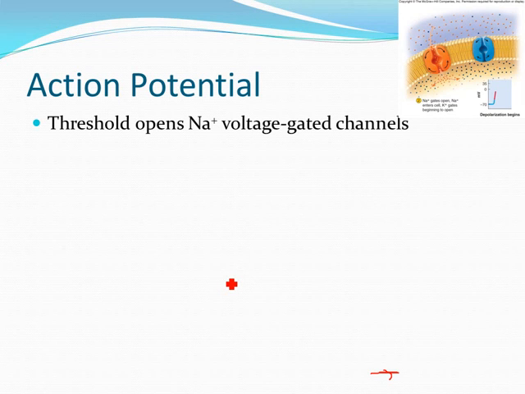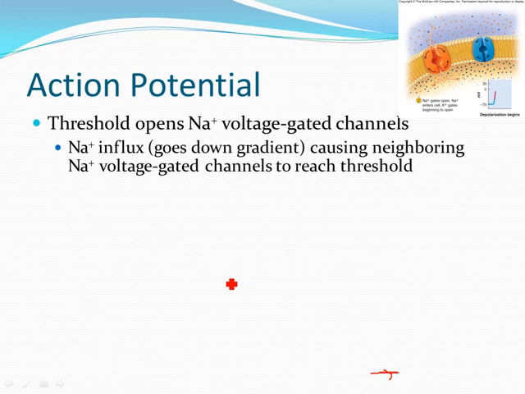More positive, right? Because sodium is positively charged. What do you call a positively charged ion? Cation, very good. So once these sodium voltage gated channels open, sodium influxes into the cell, causing an increase in the membrane potential. Here we see how it hits threshold, causes them to open, increasing the membrane potential.